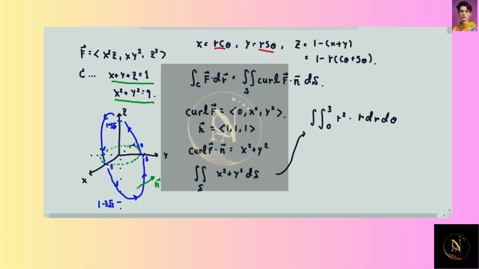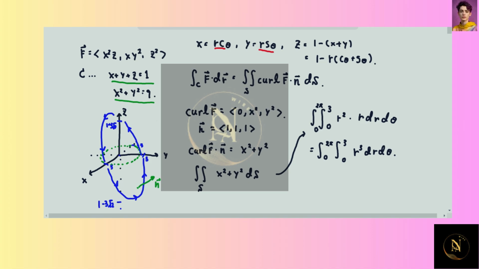Because it's one revolution, the angle changes from 0 to 2 pi. So long story short, we're evaluating the double integral where the angle changes from 0 to 2 pi and the radius changes from 0 to 3 of r cubed dr d theta.